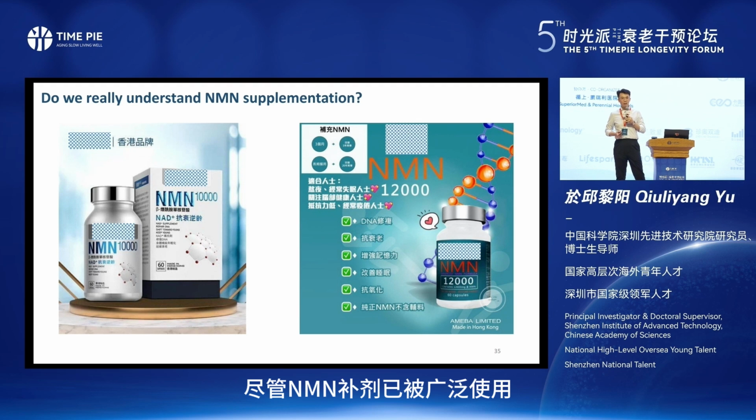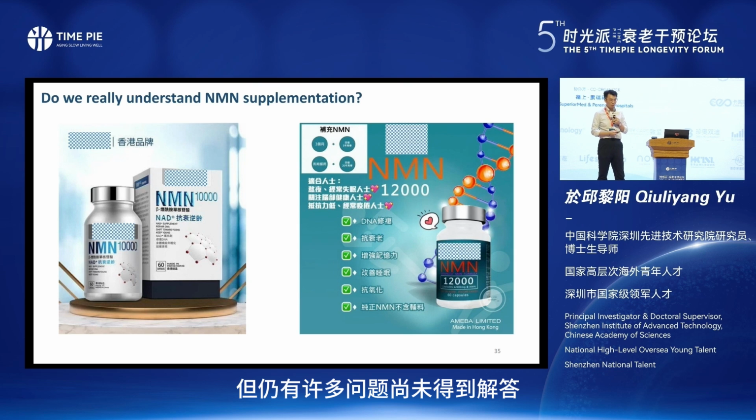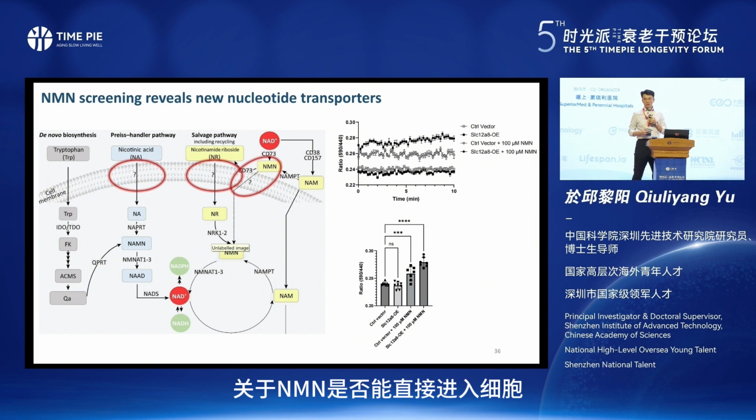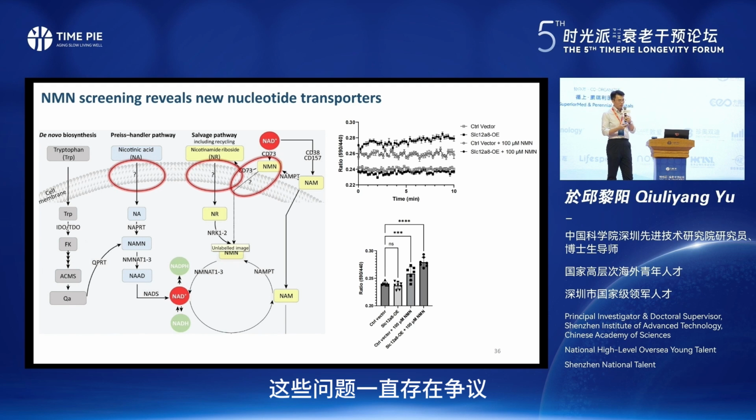Actually, there are many unanswered questions, despite the wide use of this supplement. For example, this is highlighted in this review: there has always been an ongoing debate on whether NMN can directly enter the cell, or maybe NR is the more preferred precursor. We actually do not really know that.